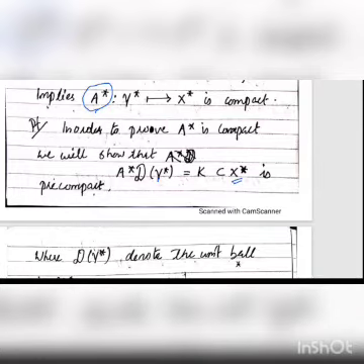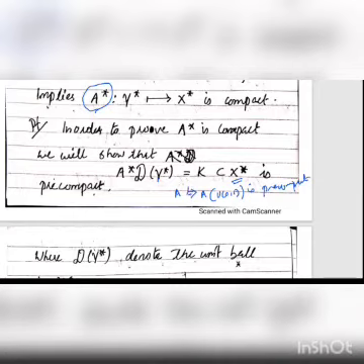So the idea is that in Arzela's theorem we have proved a result saying that if we want to prove A is compact, it is enough to prove that A of the unit ball is pre-compact. If you prove this, we can say that A is compact.